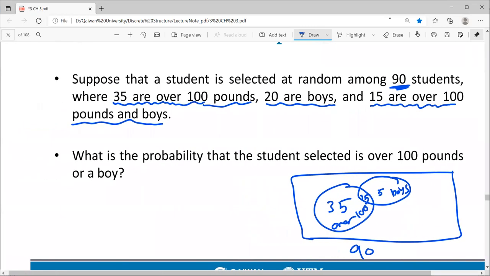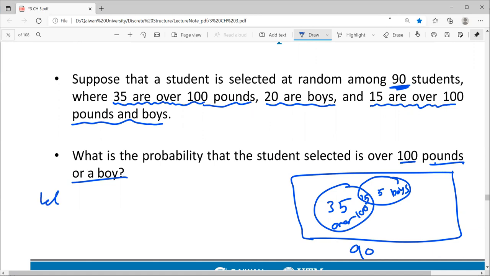It says, what's the probability that the student selected is over 100 pounds or a boy? How many boys do we have? 20. How many students are over 100 pounds? 35. And how many students are both boys and over 100 pounds? 15.